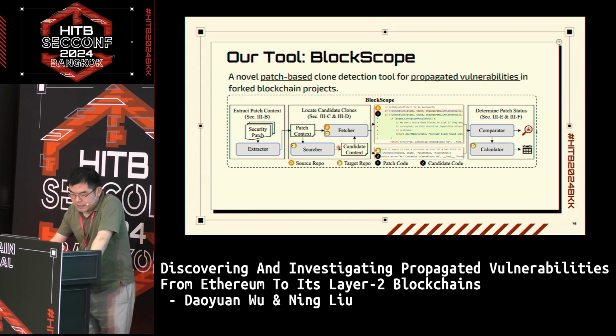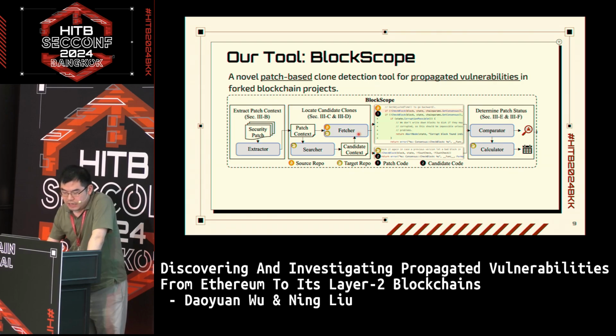Then with this identified candidate context code, we have another component, the fetcher, to fetch the candidate code from the target repository and also the original context information from the source repository, as shown in this figure here.